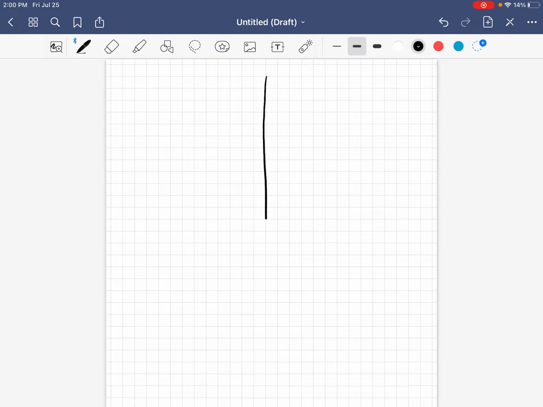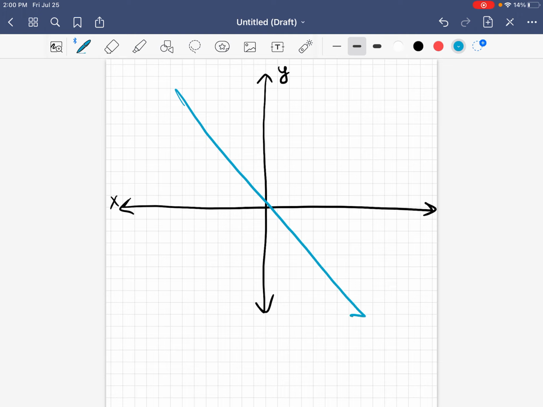So I'm going to go ahead and draw another line. This is the x and the y axis. And now I'm going to draw a negative line. Remember, you still start on the left side. This is the left side of the line. This is the right side of the line.